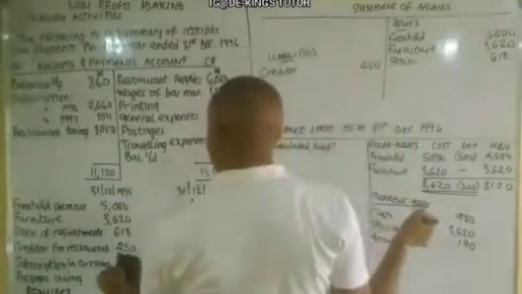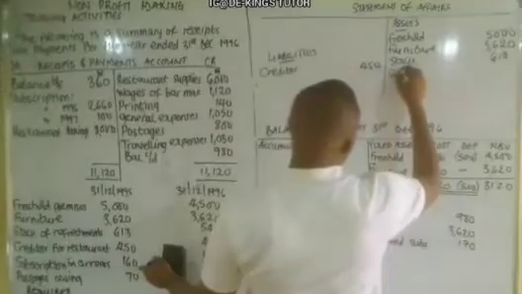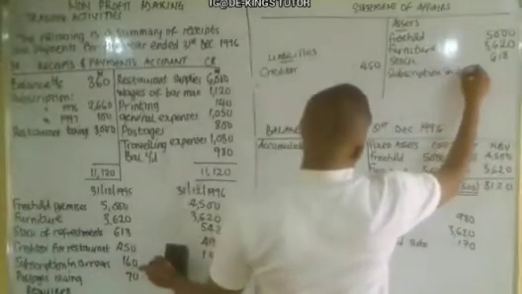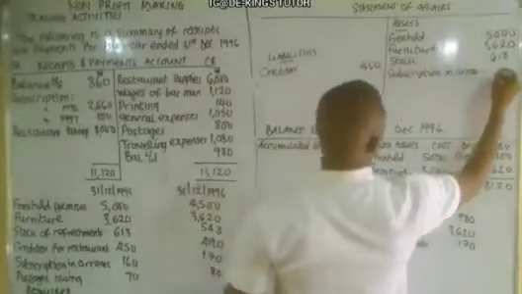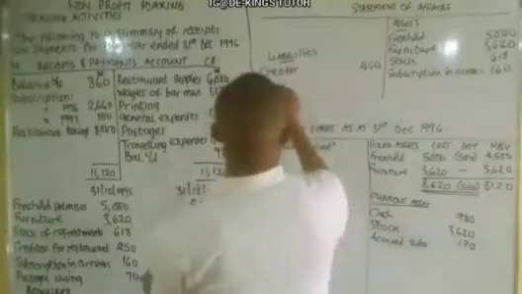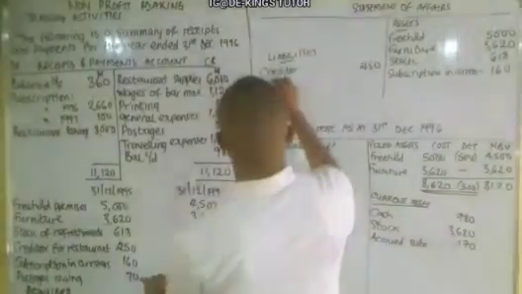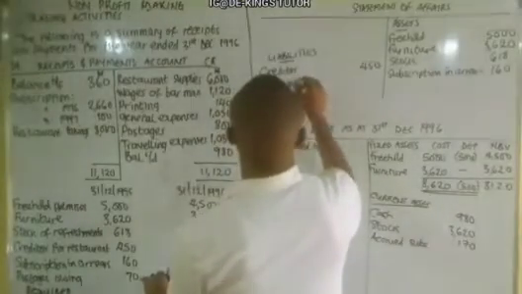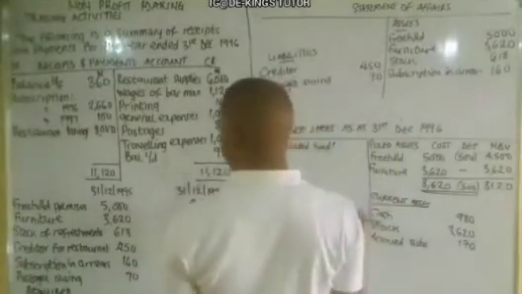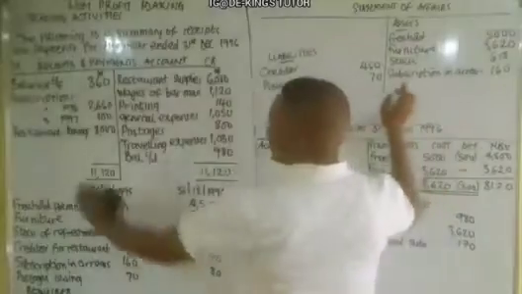Then this is accrued income, subscription in arrears as 160. And this is accrued expenses, that is postage, owing as 70. Okay? Now, the last part is the cash, the one at the beginning.